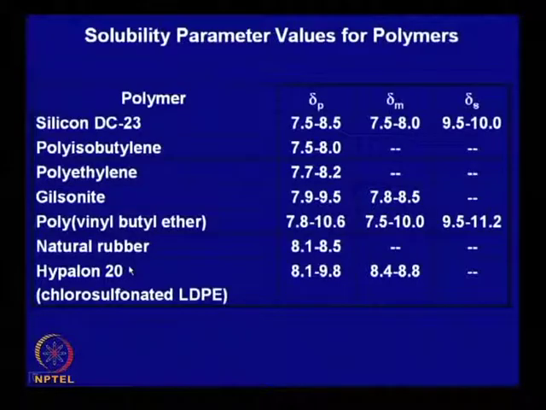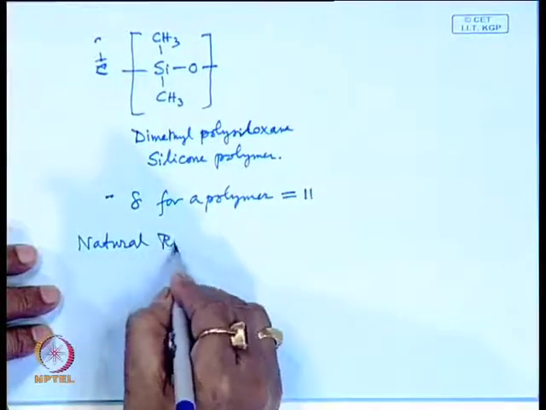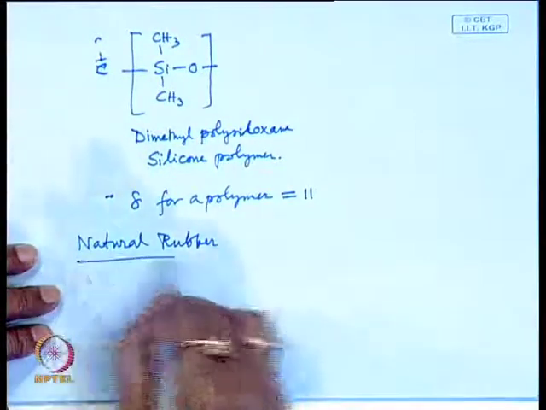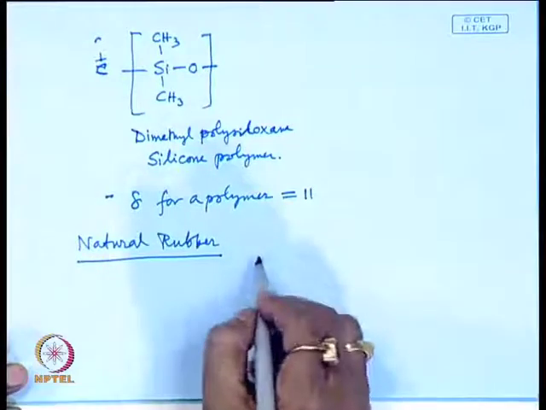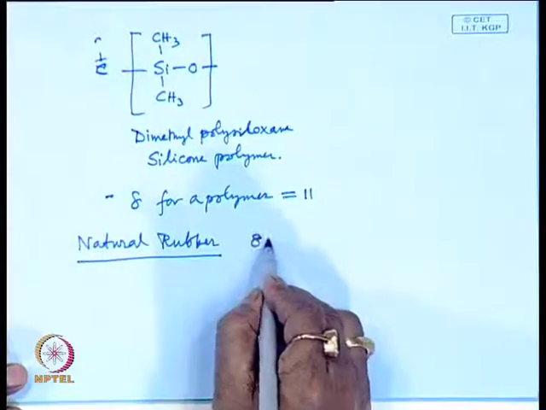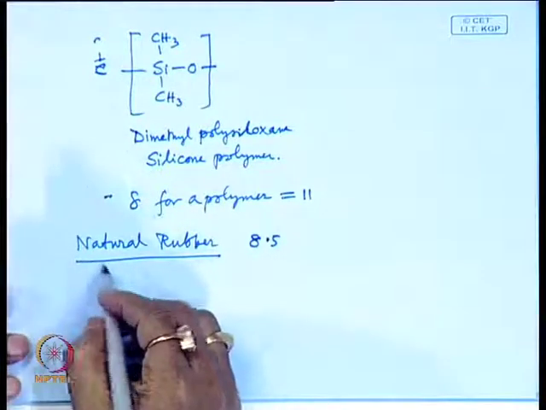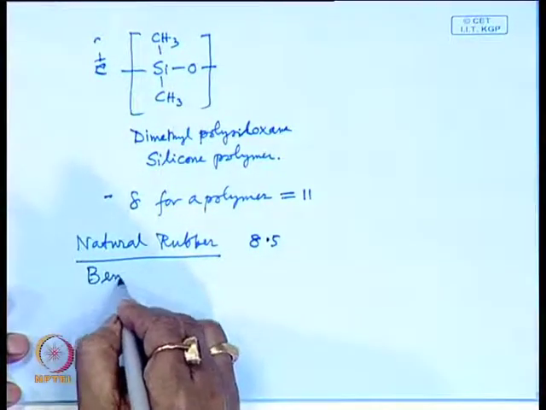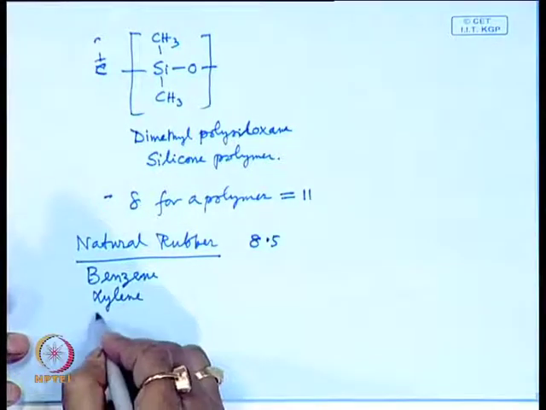It will be a little complicated. You take an example of natural rubber. Its solubility parameter is around say 8.5, and a good solvent for natural rubber is benzene, xylene, toluene.